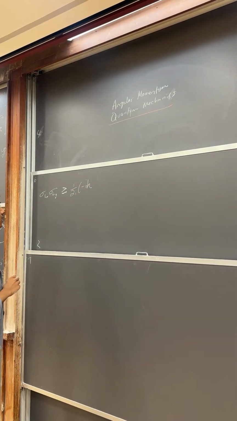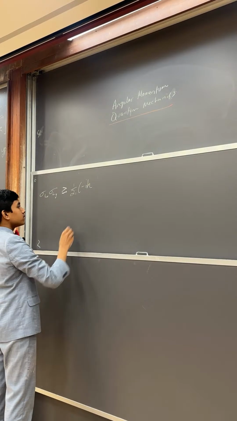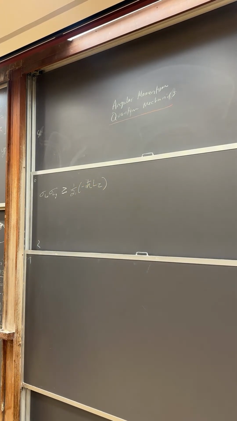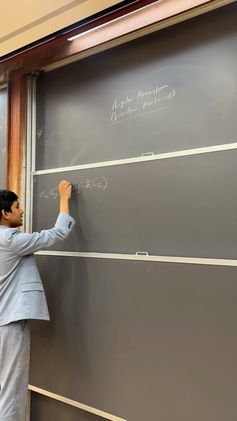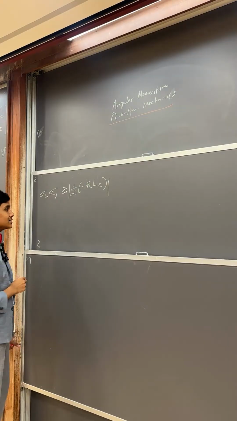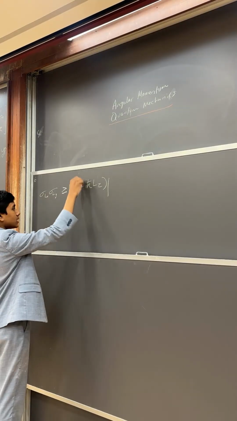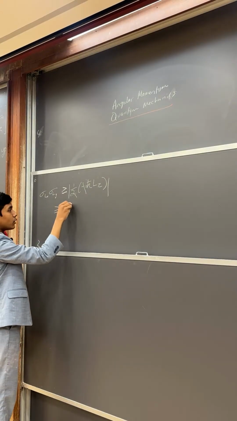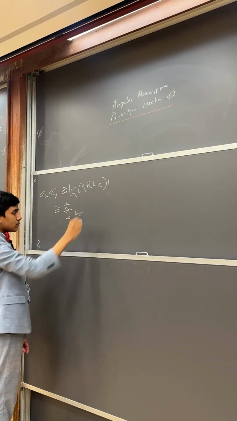No, it's not minus. Oh, sorry, yeah. So it's going to be equal to the absolute value of 1 over 2i times iħ Lz. So, at the end of the day, it's saying that it's going to be greater than or equal to ħ over 2 Lz. Oops.